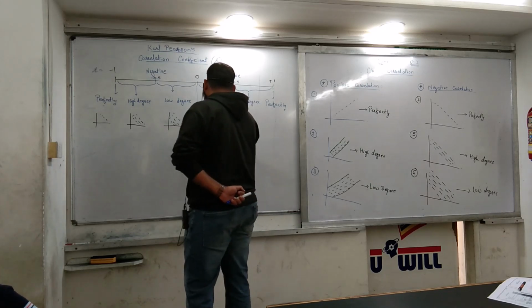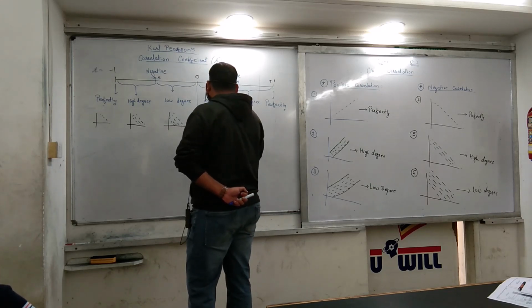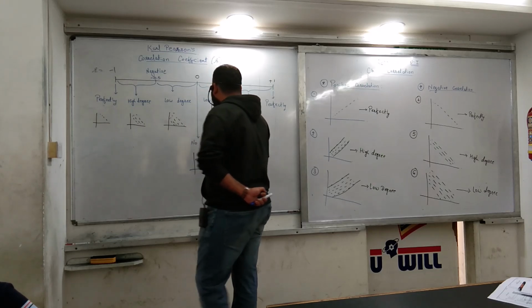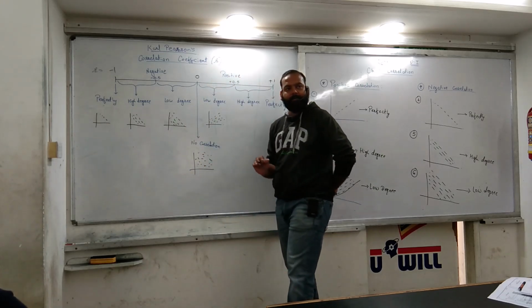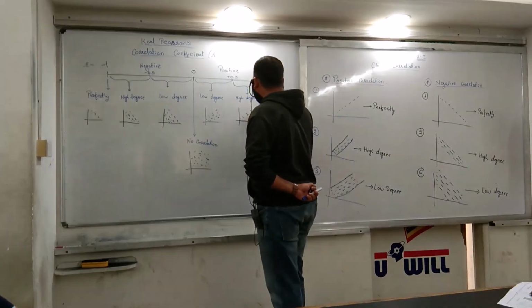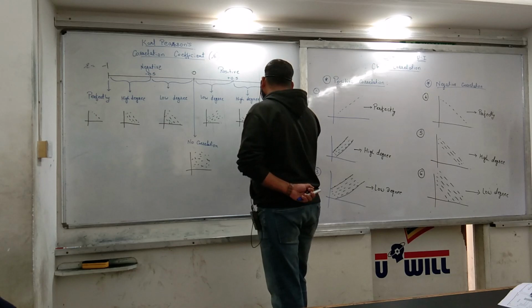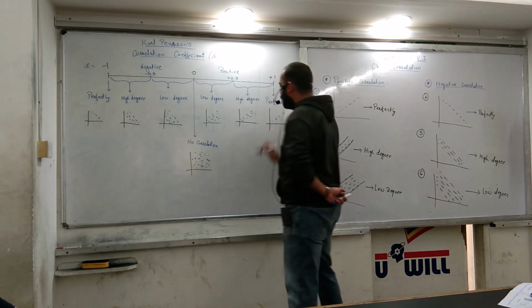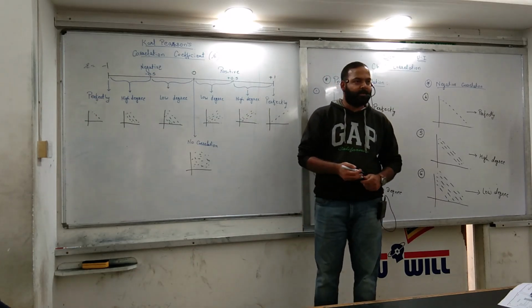If it is low degree of positive correlation, there will be many lines, all of them upward sloping. If there is high degree of positive correlation, there will be few lines of upward sloping, and if there is perfectly positive correlation, it is only one line which is upward sloping.